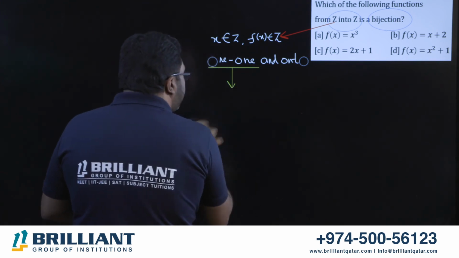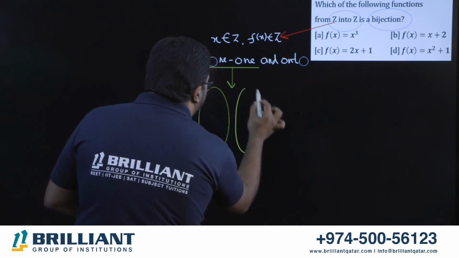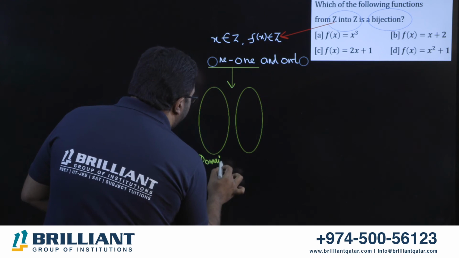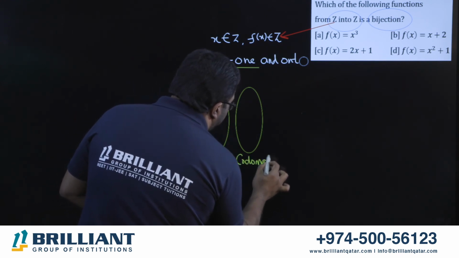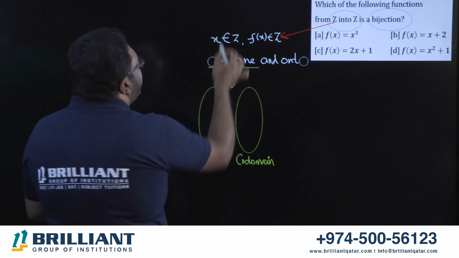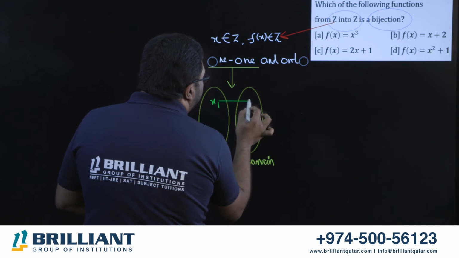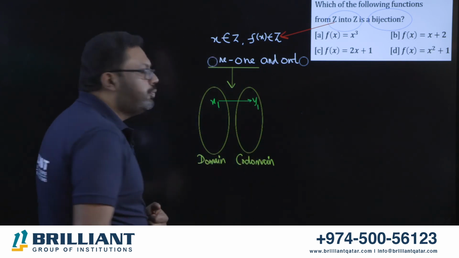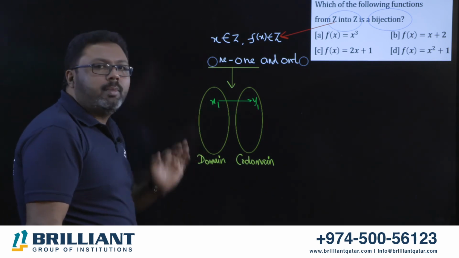1-1 simply means that every element you take from the domain, this is going to be the domain and this is going to be the codomain, will have exactly one image in the range, and a unique image.